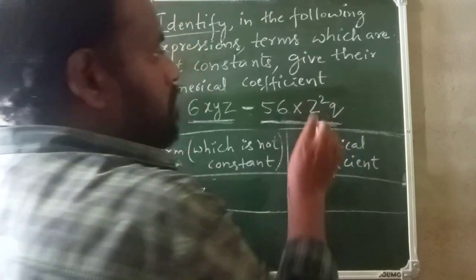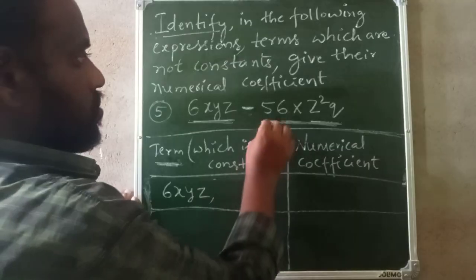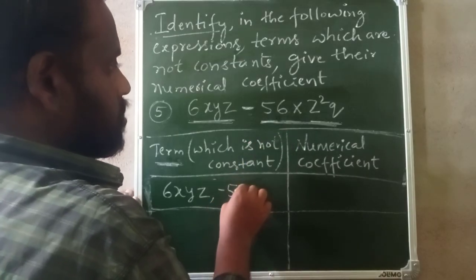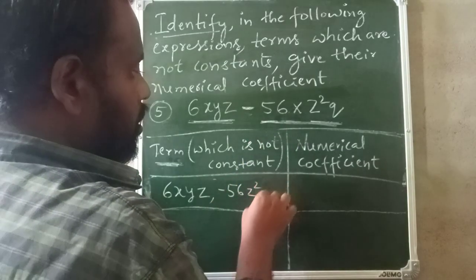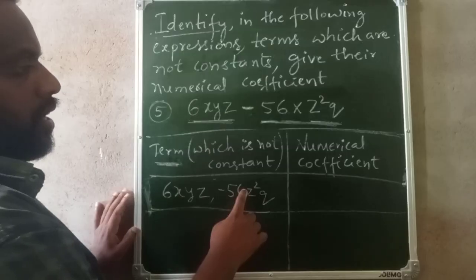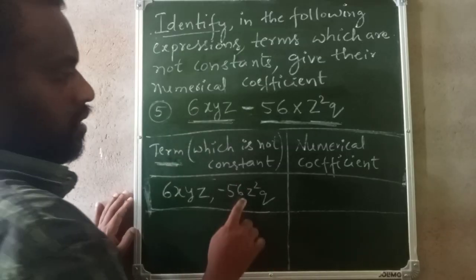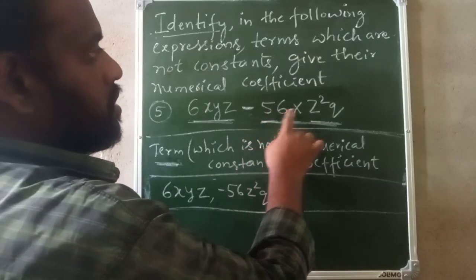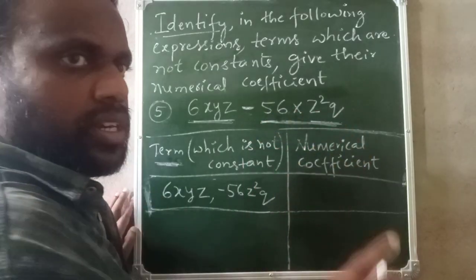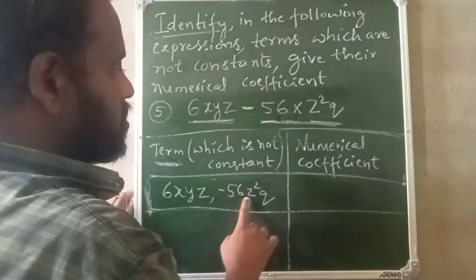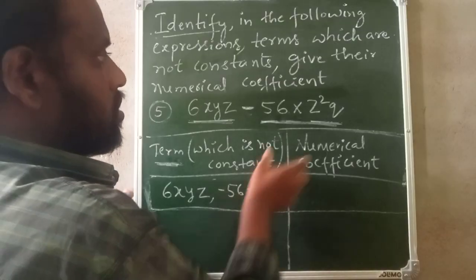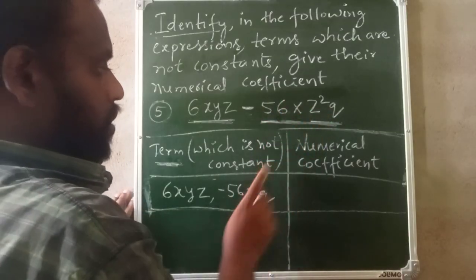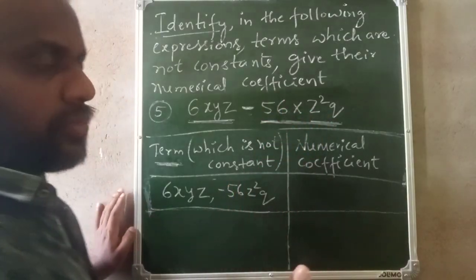So this is also a term that is not constant. So I will write the term minus 56 z square q. If you don't write into also no problem, that is understood. Minus 56 into z square q is the same as minus 56 z square q. Even if you don't write into also no problem.